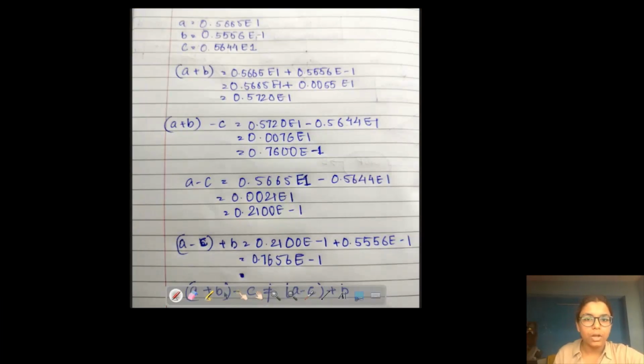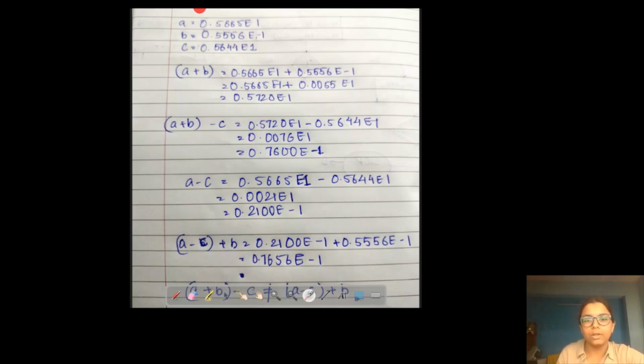Let me show you. Yes, this is the calculation that I have done. Firstly I have taken the values, then calculated a plus b, and I got a single value. Then again a plus b minus c for this part of the equation.